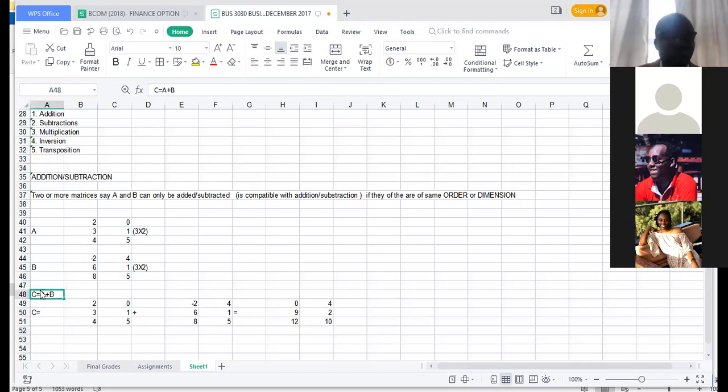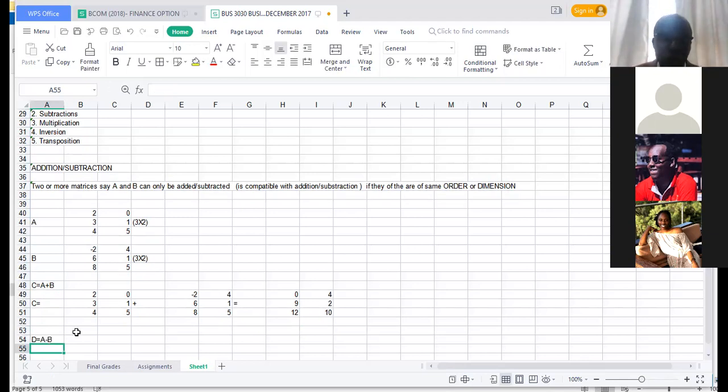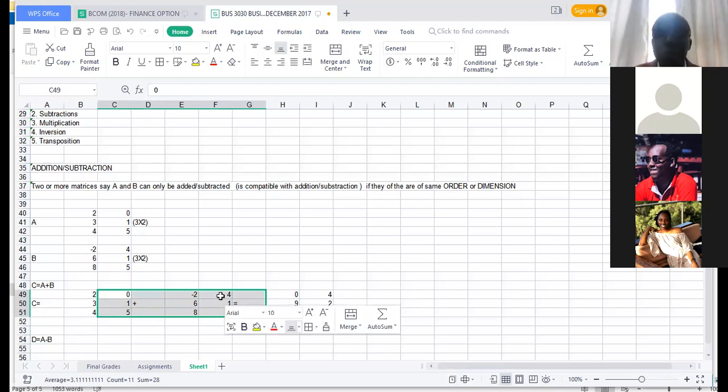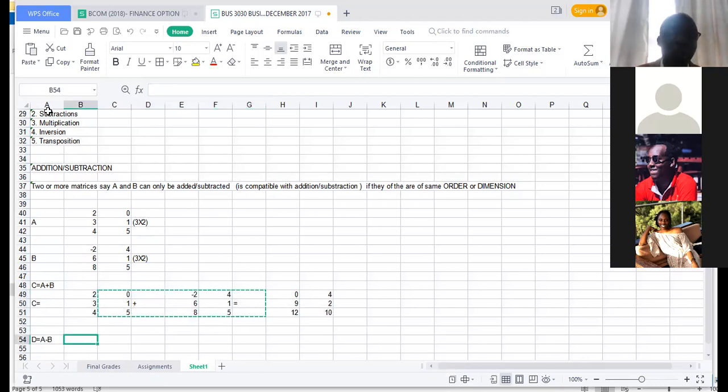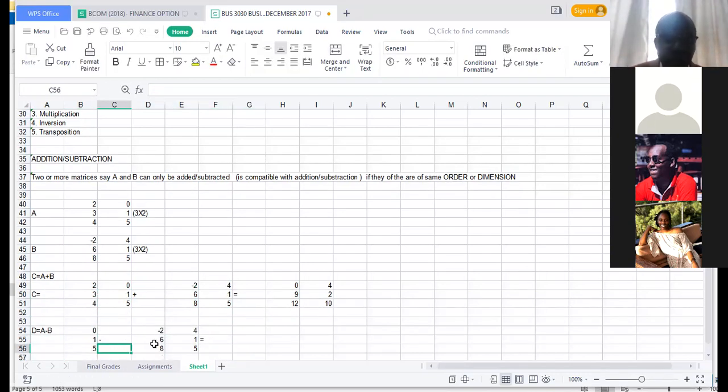Let D be equal to A minus B. Remember, it's the same procedure. So I'll just pick this, that is A, B, and I bring it here, and then minus corresponding elements.